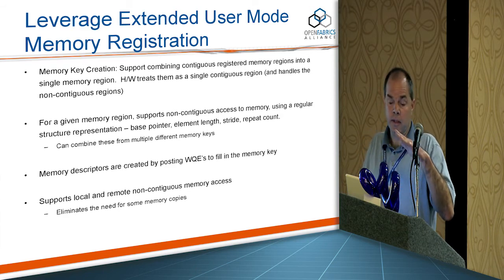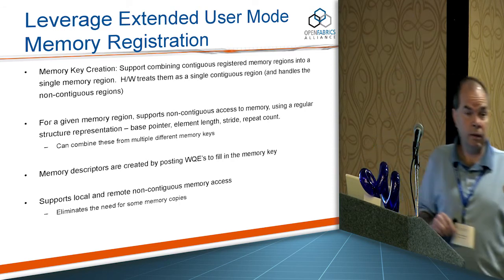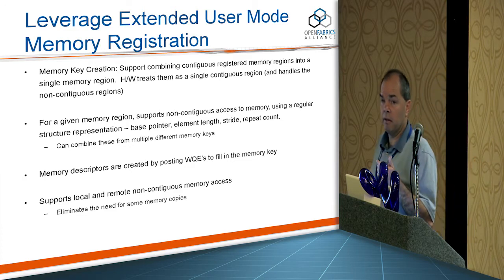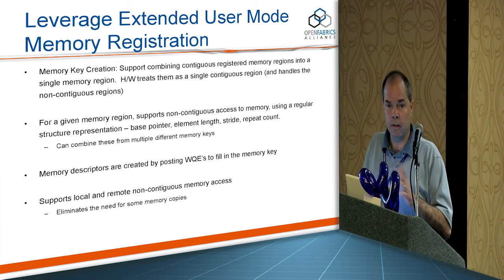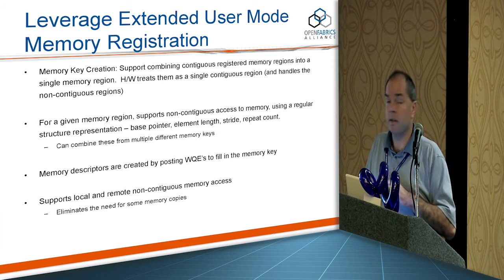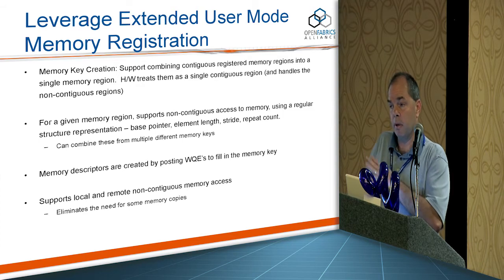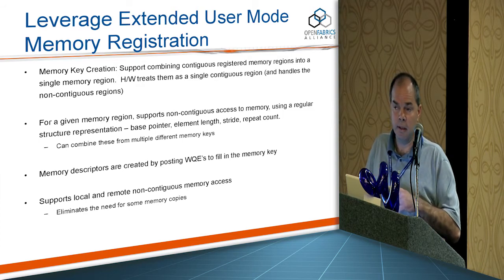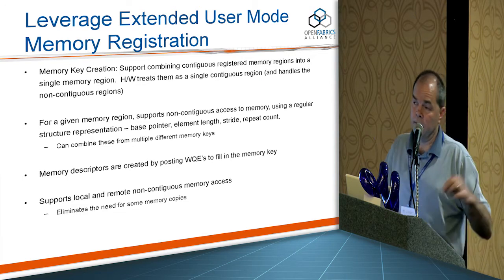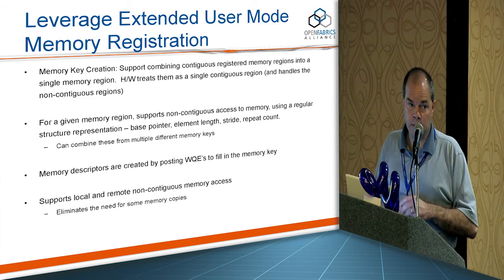And what this gives you is the ability, any place you can use a memory key, the hardware will handle the non-contiguous data transfer without any need to do anything special on the software side of things. And specifically what this enables you to do, aside from things like helping with the T10 diff support, is do an RDMA operation from non-contiguous memory to non-contiguous memory without software involvement.